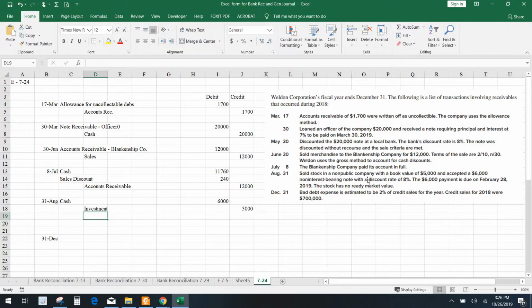So originally what I did was I took 6,000 and multiplied times 0.08. But in the notes that was incorrect. It was only half that amount. And so then I had to look back and say, well, why would it only be half? Well, this only occurred for half the year because it says the payment is due in February, and we're calculating this based on December the 31st.